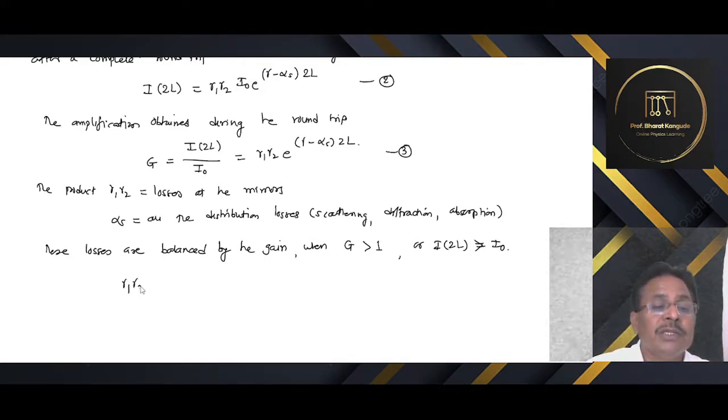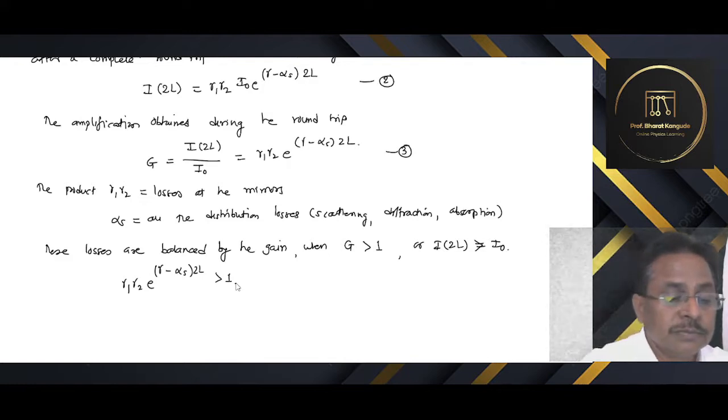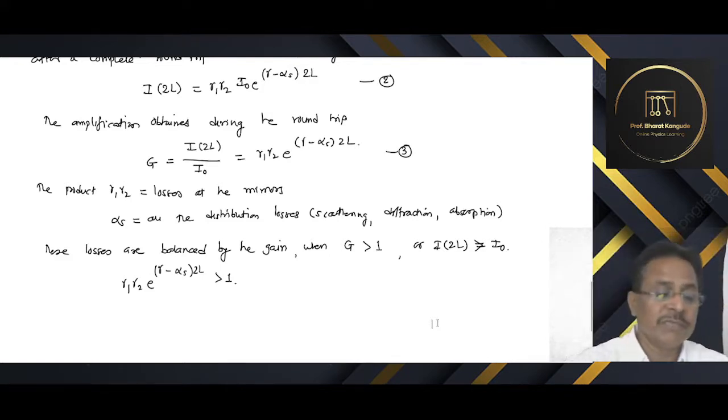This R1 into R2 into e raised to gamma minus alpha S into twice L must be greater than 1.